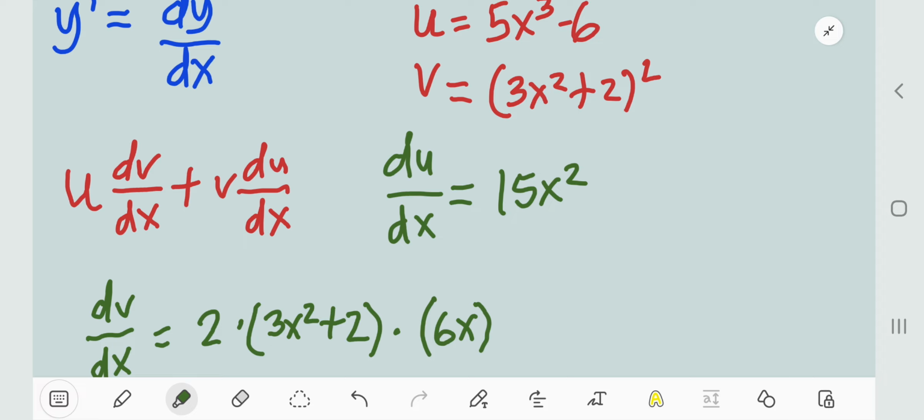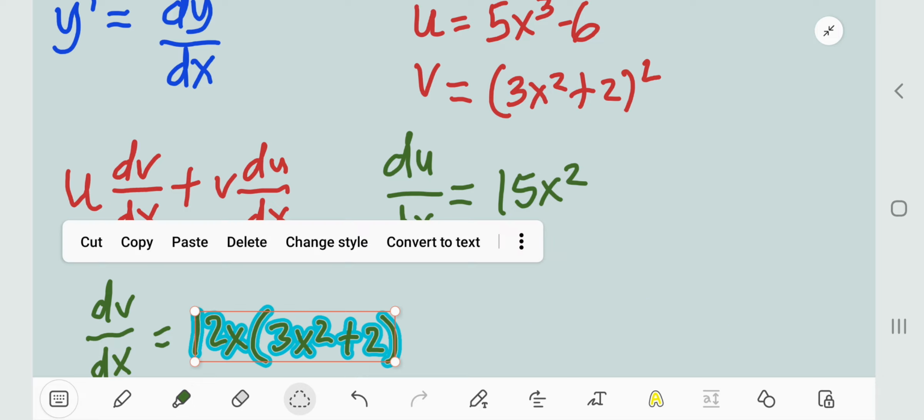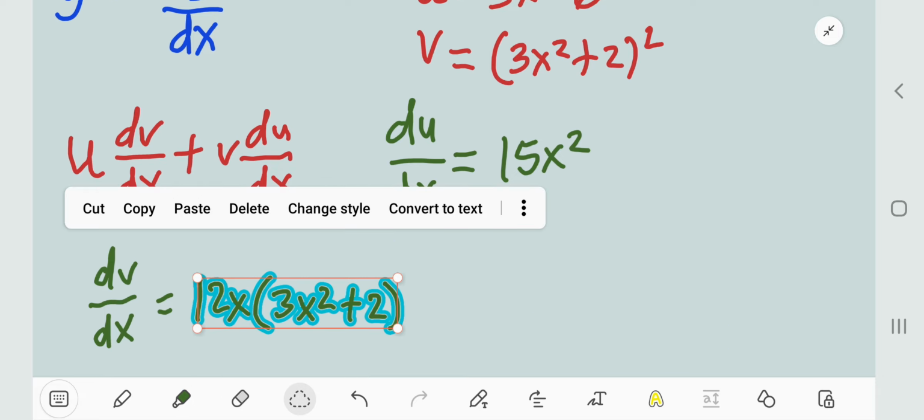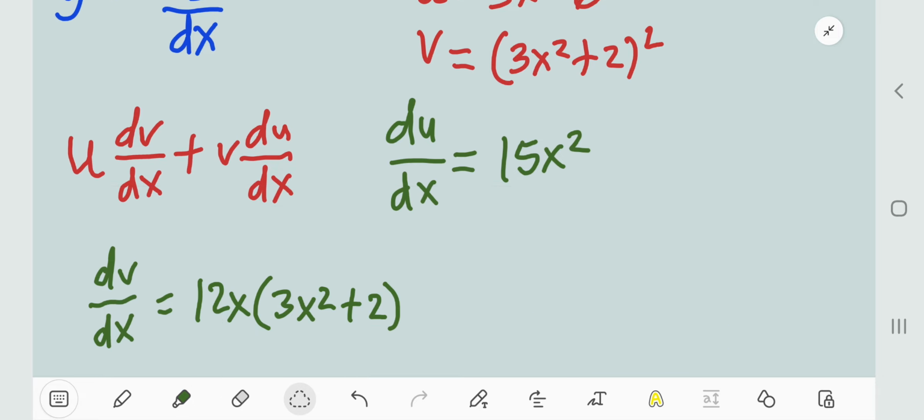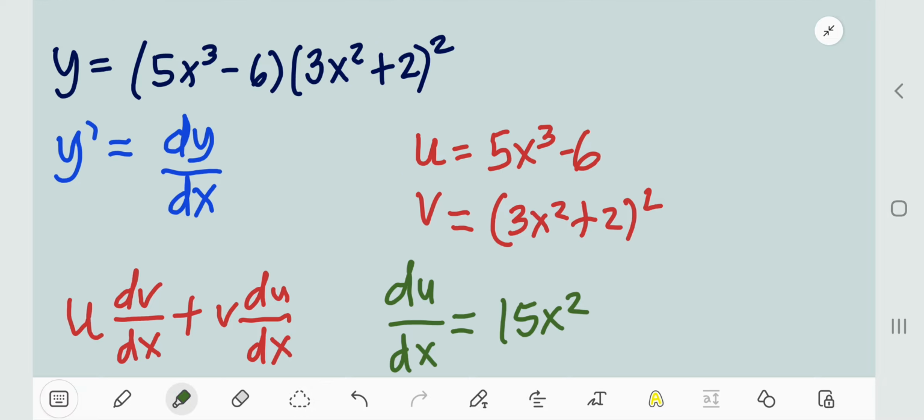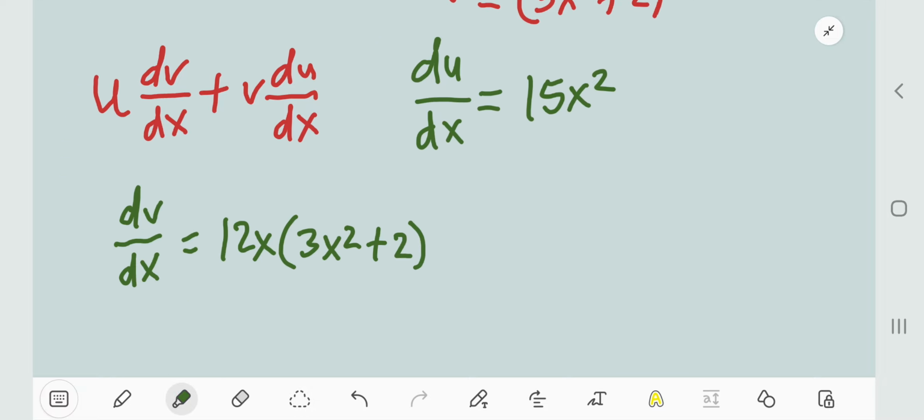And simplifying the expression further will give us 12x times 3x squared plus 2. So basically, the derivative of the second factor with respect to x is 12x times 3x squared plus 2.